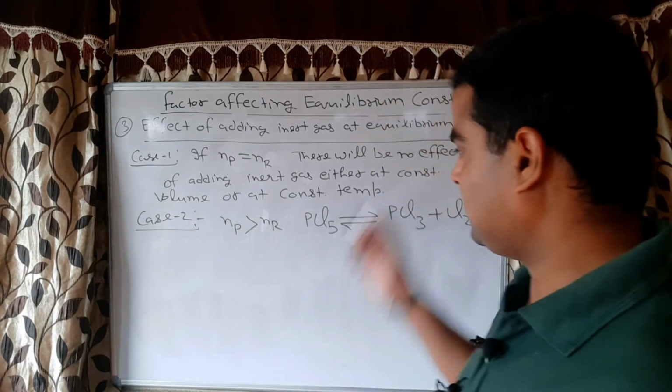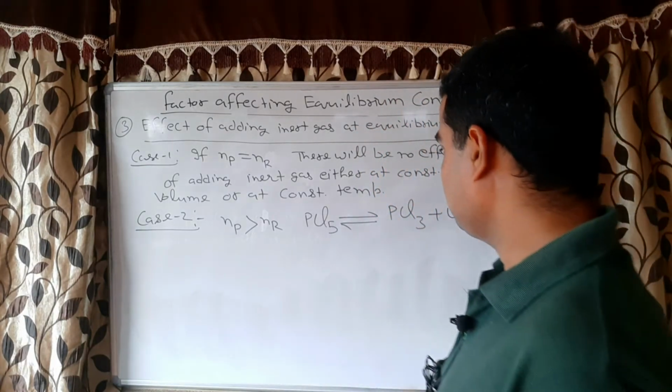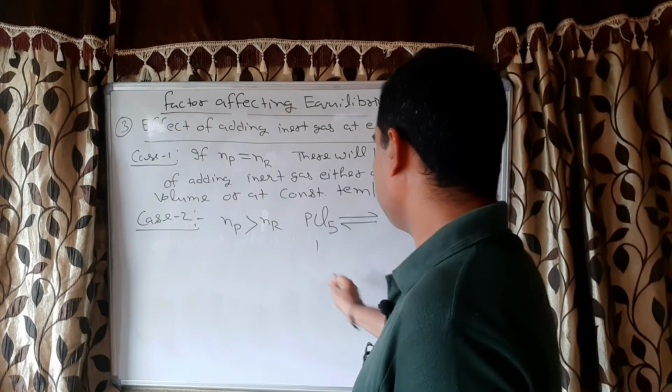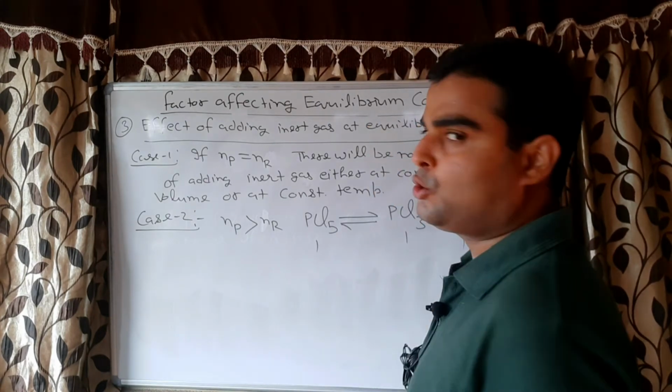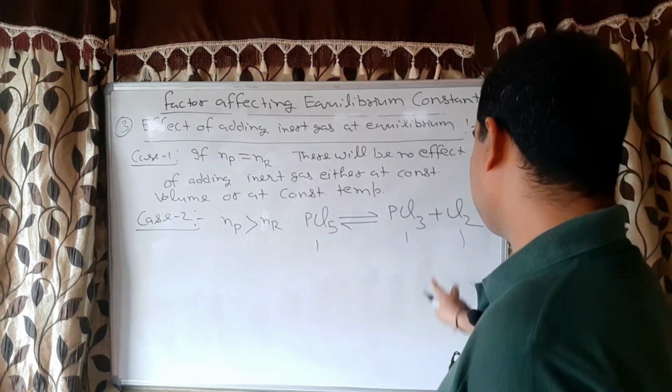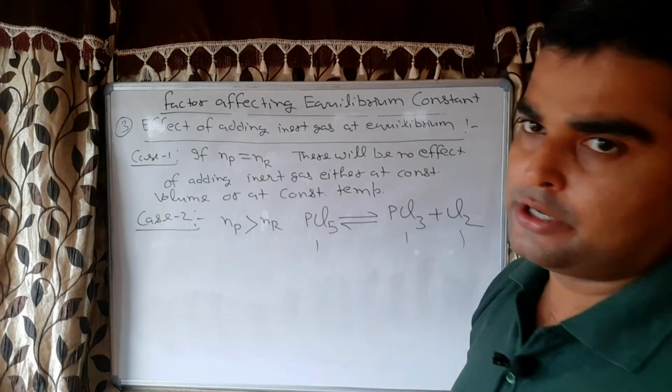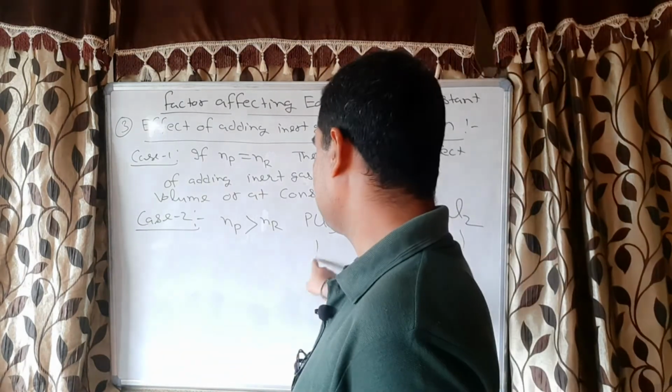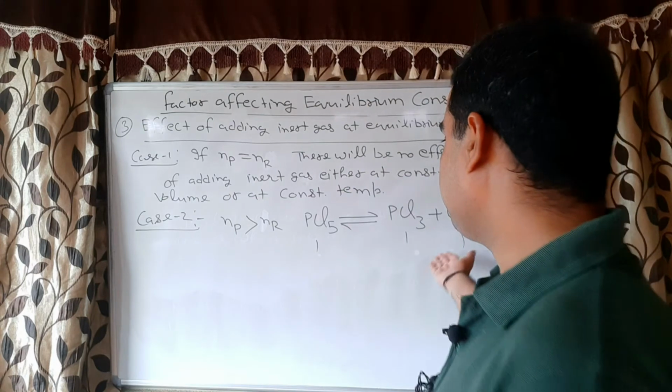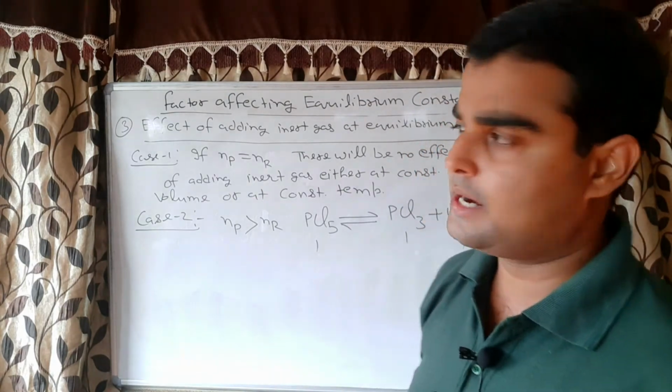Now here you can see, here it is 1 and here it is 1 plus 1, 2. Correct? So here it is 2 molecules and here it is 1 molecule. So Np is greater than Nr.